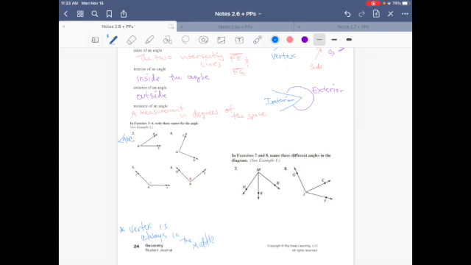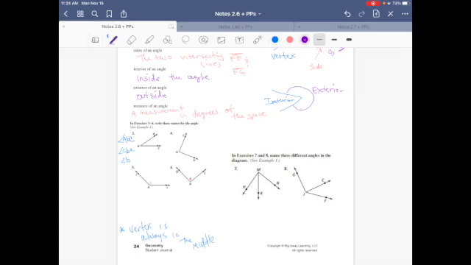So A, B, C, we could just as easily call it C, B, A. But we would say C to B to A. That's the general idea there. And then sometimes if there's only one angle at the vertex, you can also just call it angle B, kind of for short.